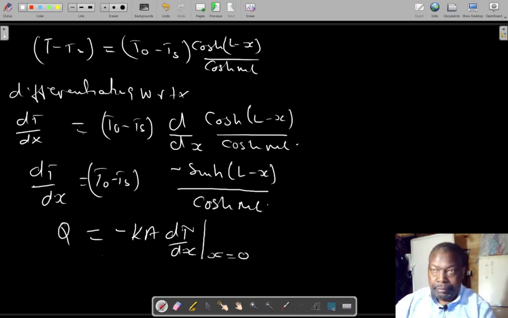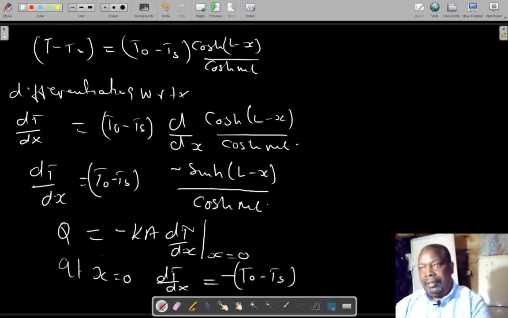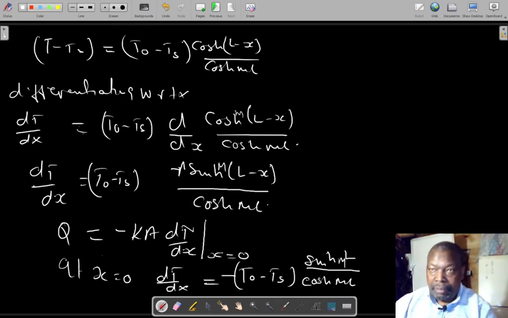So now, at x equals 0, dT by dx is equal to (T naught minus Ts), and there is a negative sign, and then we have sine hyperbolic of L, since x is equal to 0, divided by cos hyperbolic mL, and there is an m somewhere there.